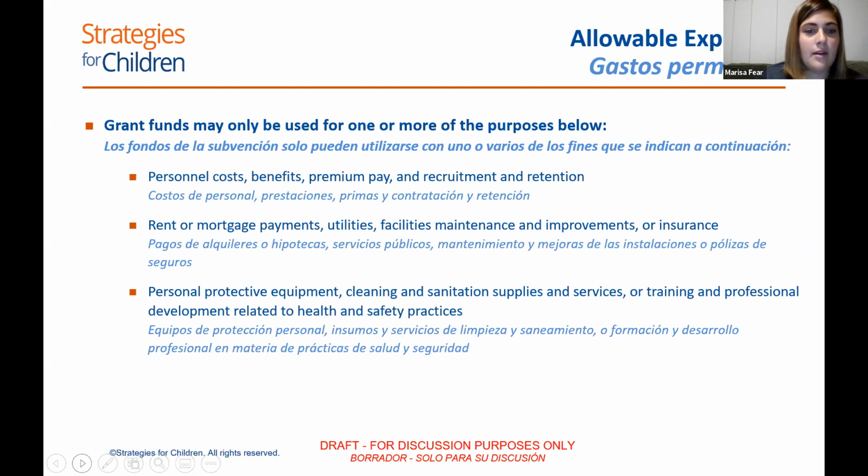You can also use the grant funds for rent or mortgage payments, utilities, facilities maintenance and improvements, or insurance. For personal protective equipment, so PPE, cleaning and sanitation supplies and services, or training and professional development related to health and safety practices.